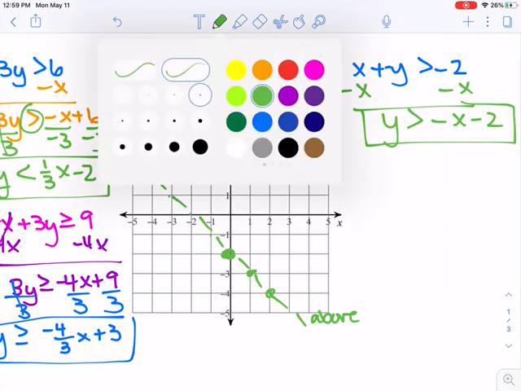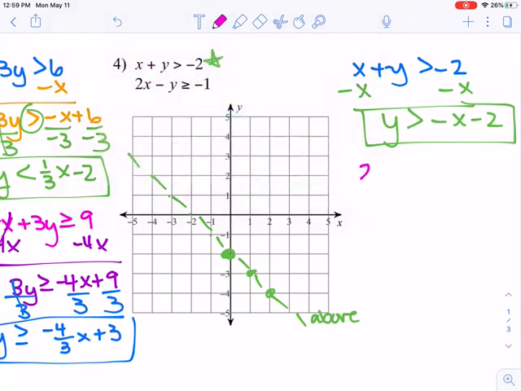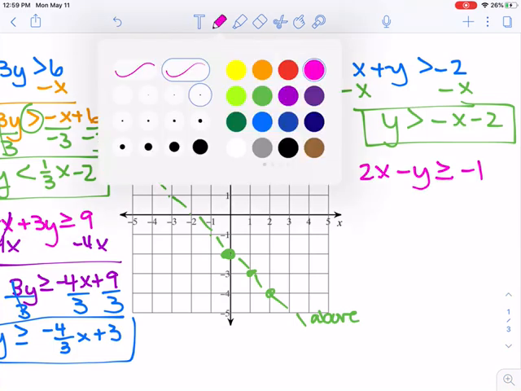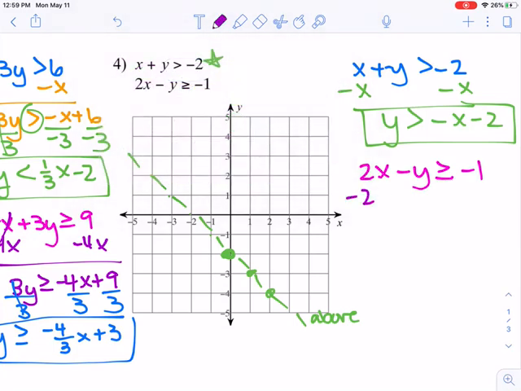For my second line, we're going to start off with 2x minus y is greater than or equal to negative 1. Let's get that y by itself. So start by subtracting the 2x from both sides. And you've got negative y is greater than or equal to negative 2x minus 1. Notice that you're dividing by a negative.